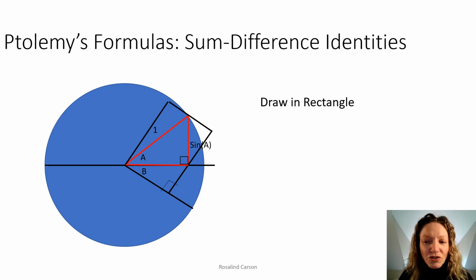The students can draw this as well if they would like, and they can make angle A any size that they want, draw an angle B as a different measurement, use their compass and protractors to draw on the right angles, to draw on the rectangle. Here's your picture. From this picture, we can actually label all the sides in that new rectangle and discover Ptolemy's formulas just from this picture.